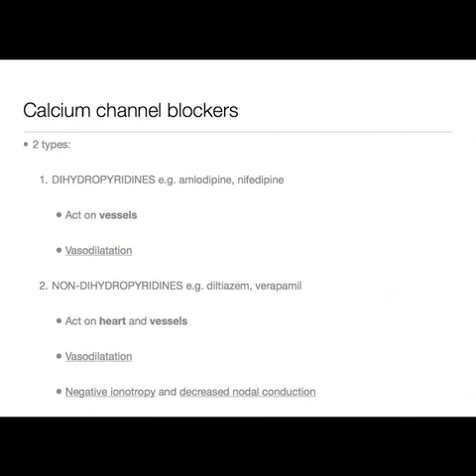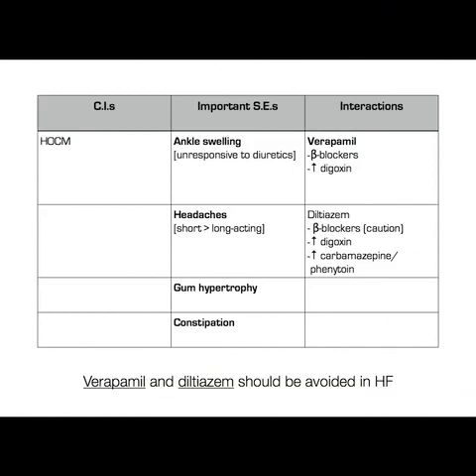This is important therapeutically, as amlodipine and nifedipine are used for their dilating abilities to treat hypertension and angina, while verapamil and diltiazem can also be used in the management of supraventricular tachyarrhythmias. The most common side effects of these medications are ankle swelling that is unfortunately unresponsive to diuretic treatment, headaches, and constipation.